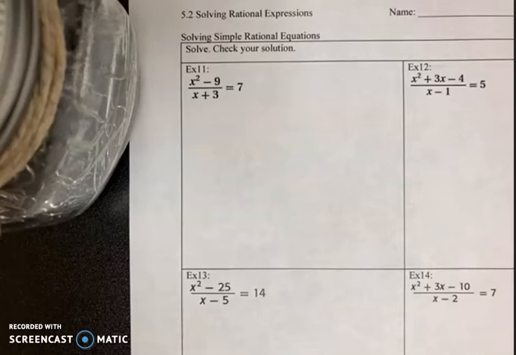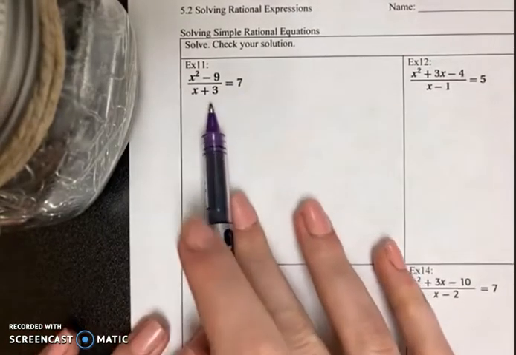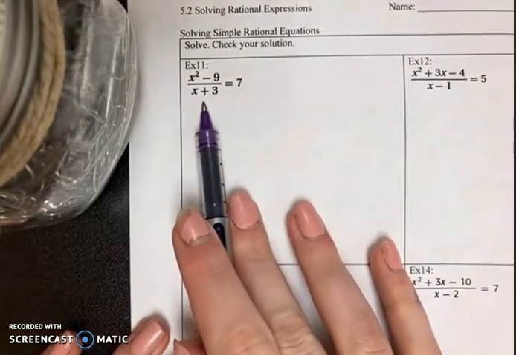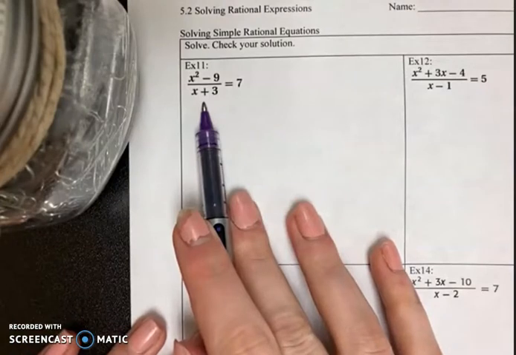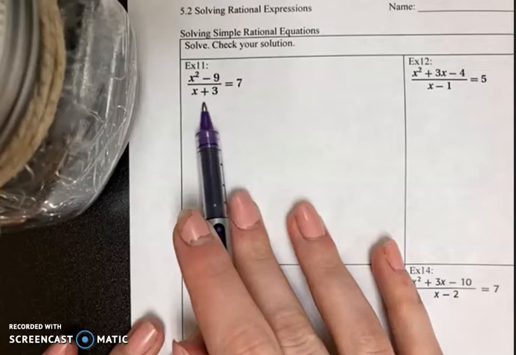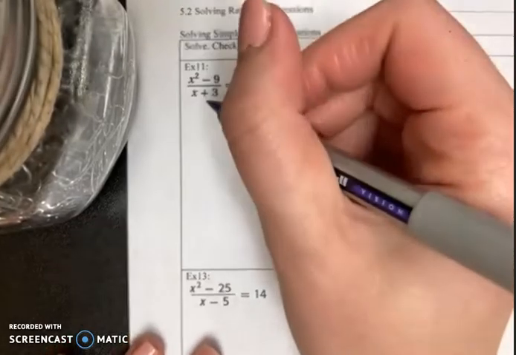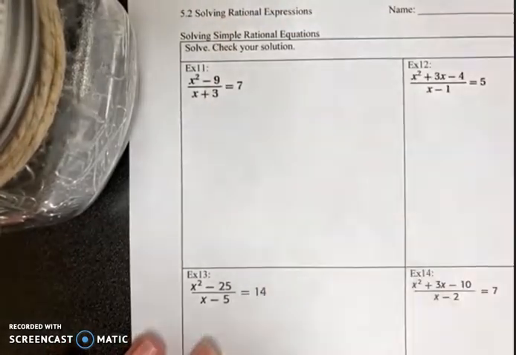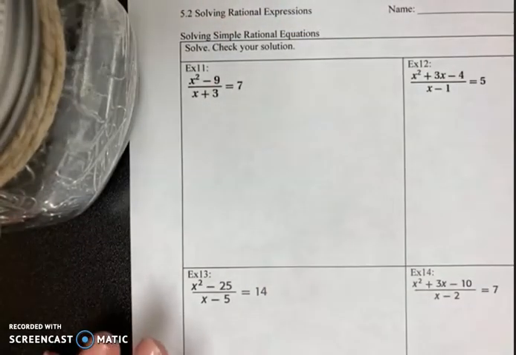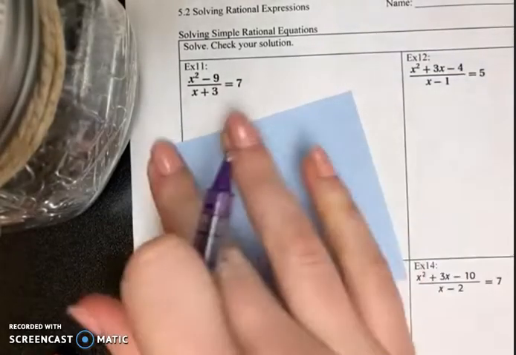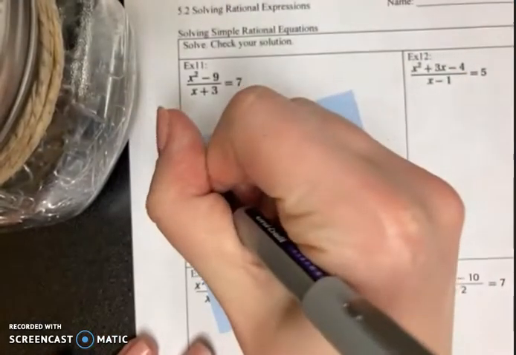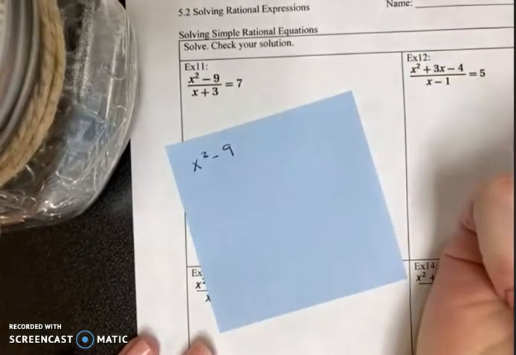Starting with example 11. If I'm going to try to simplify this rational expression, I need to first factor the numerator and denominator if at all possible, cancel out common factors, simplify, and then solve. If I look at the numerator of my first term here, I have x squared minus 9.